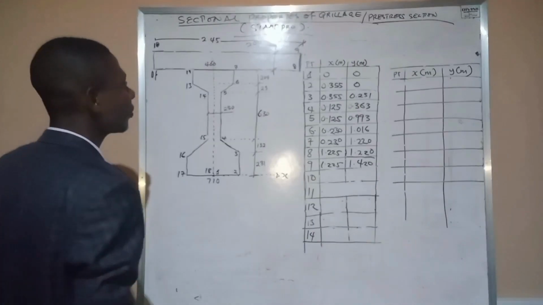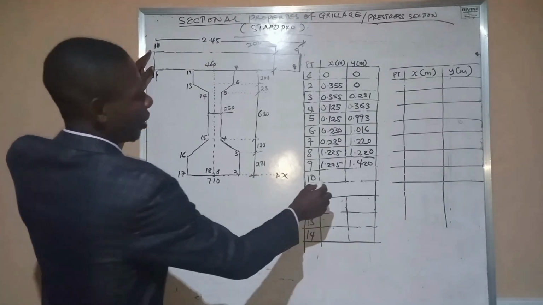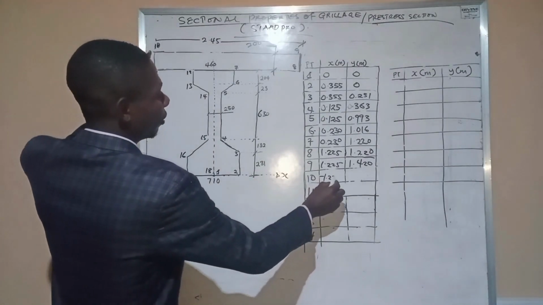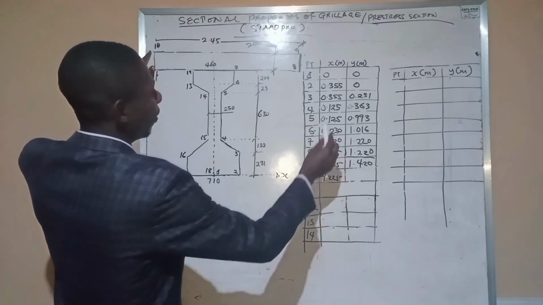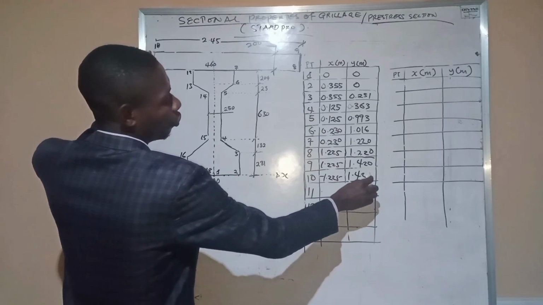Okay, now at point 10, we're going to have our s value become negative, but our y coordinate will still remain the same, 1.420.